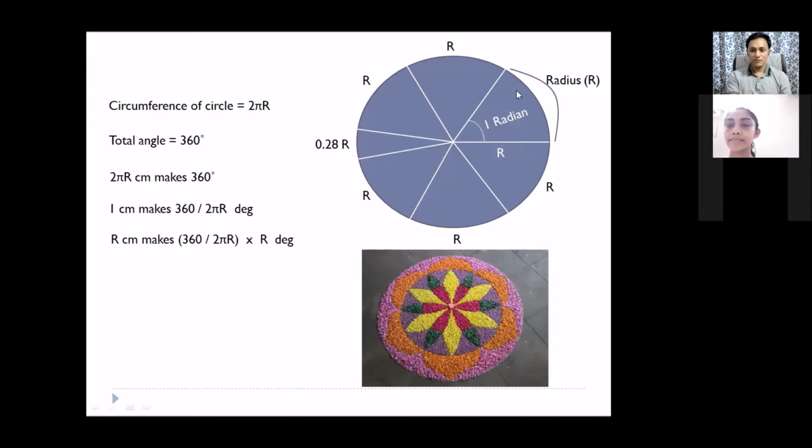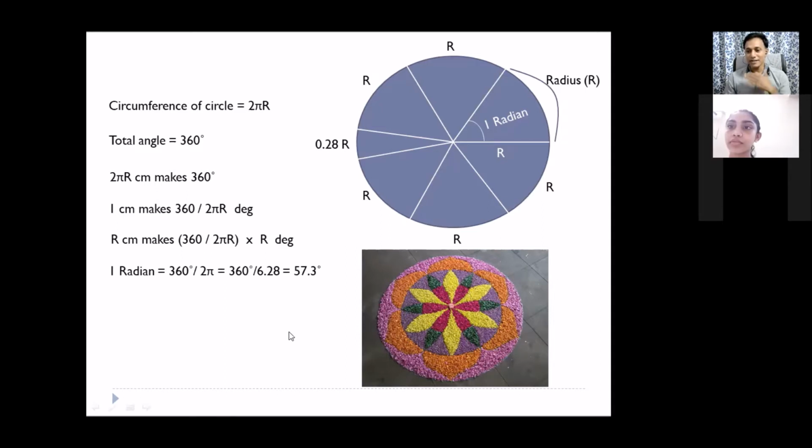Because the whole circumference is 2 pi r. Like what Shivananda told yesterday, 2 pi arcs are there like this. That is why the circumference is 2 pi r. So that means a whole circle, 360 degree, is equal to 2 pi radians or 6.28 radians. That is how we get the value of 1 radian as 57 point.